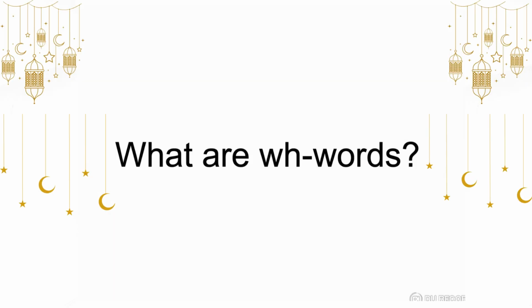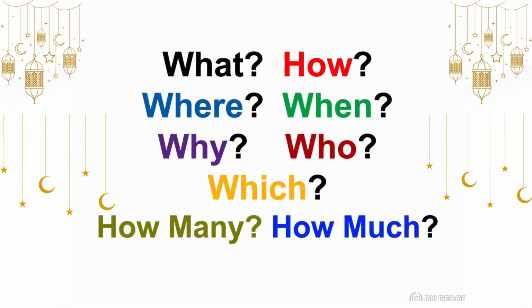The question is, what are WH words? Let's see. We have seen these in the previous lessons and we've explained everything. For example, what we use for things. How for manners or method. Where for places.